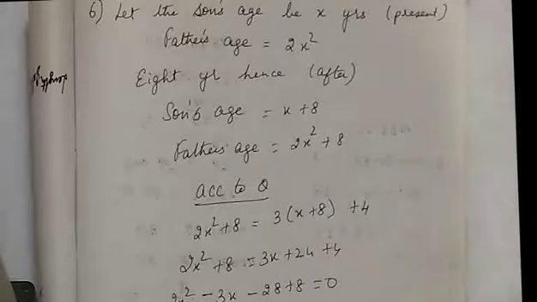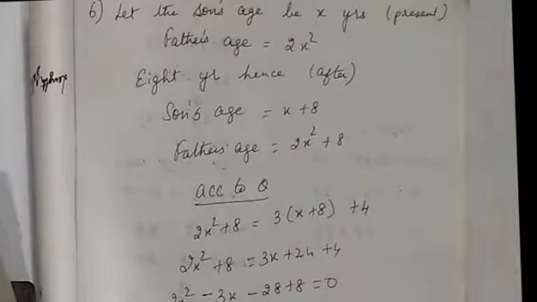Now question number 6. The age of a father is twice the square of the age of his son. 8 years hence the age of the father will be 4 years more than 3 times the age of the son. Find their present age.